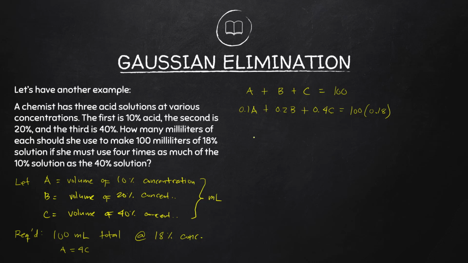And we have our third, that will be coming from the condition that she will use 4 times as much as C for the volume of A. So we can say that A plus 0B, if you transpose this to the other side, this will become negative 4C, and that is equal to 0.